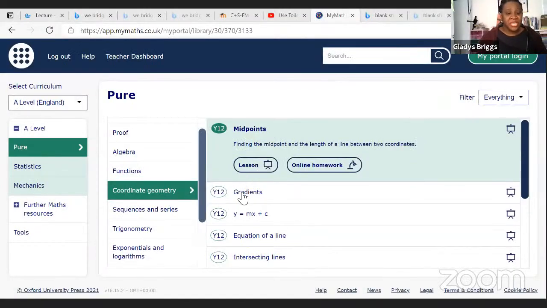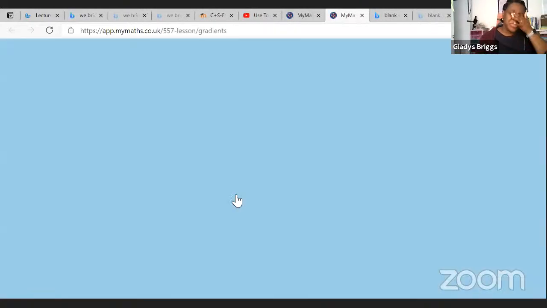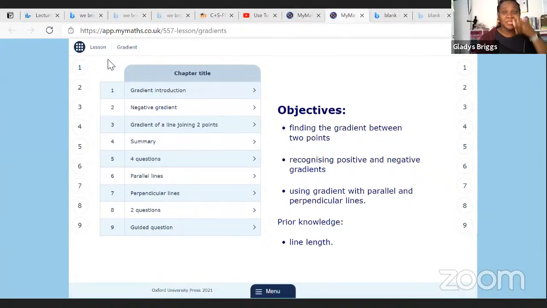Okay, we go back to gradients now. We looked at gradients a lot when we were doing foundation maths, when we were doing integration, differentiation and all that, which is advanced.